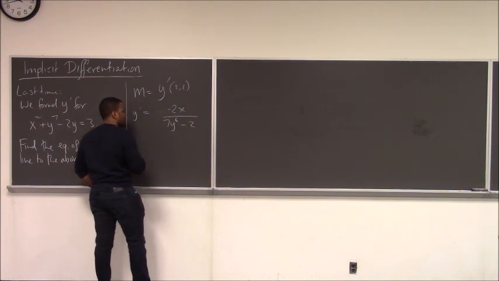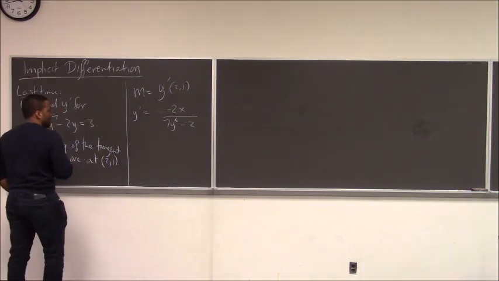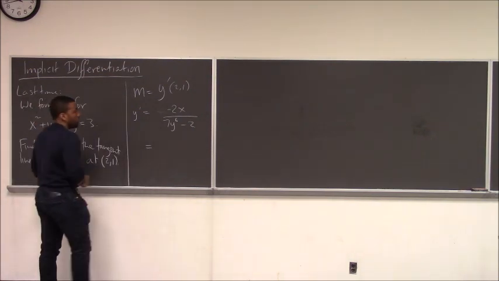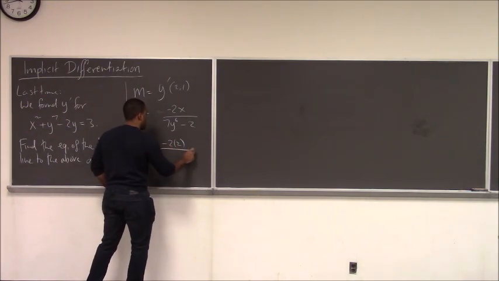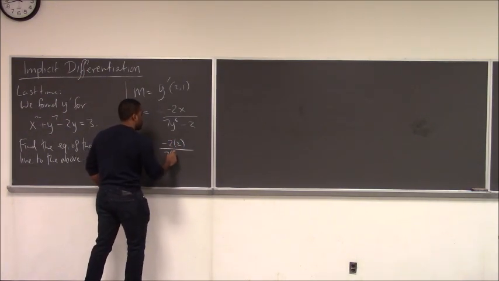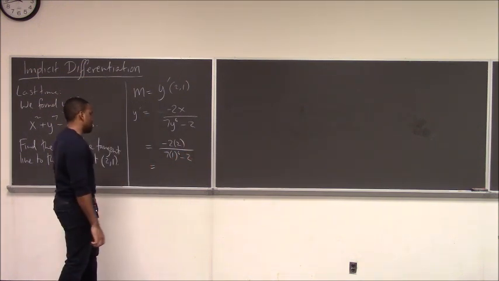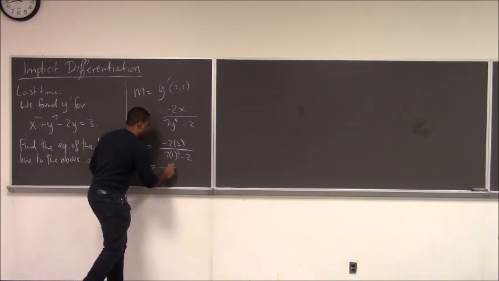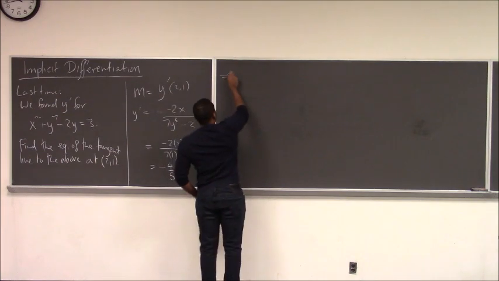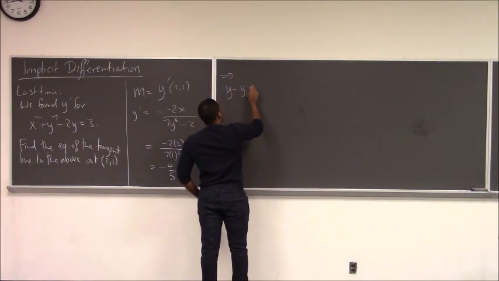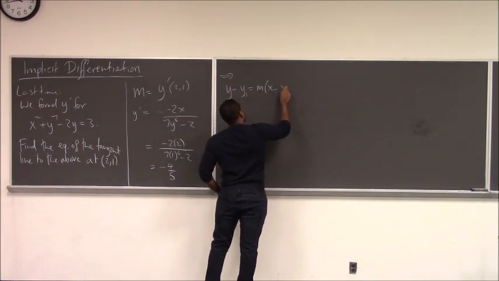Yeah. So at this point, that means we can plug in x equals 2, y equals 1, and we can find that that would give us what? Minus 4 over 5? Yep. And so now we can use y minus y1 equals m times x minus x1.